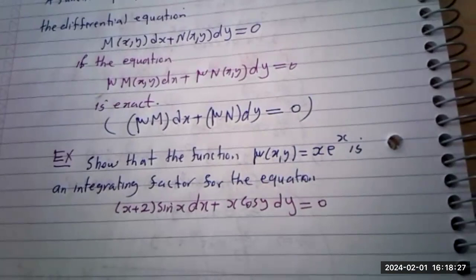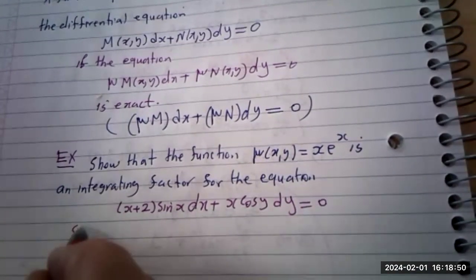We want to prove that this mu is an integrating factor for this equation. So what we're going to do is multiply both sides by x e to the x, then check the condition for exactness for the resulting equation. If it's true, they must be equal to each other, because then you can solve the equation. This is the way we are going to do it. Okay, are you ready? Solution.